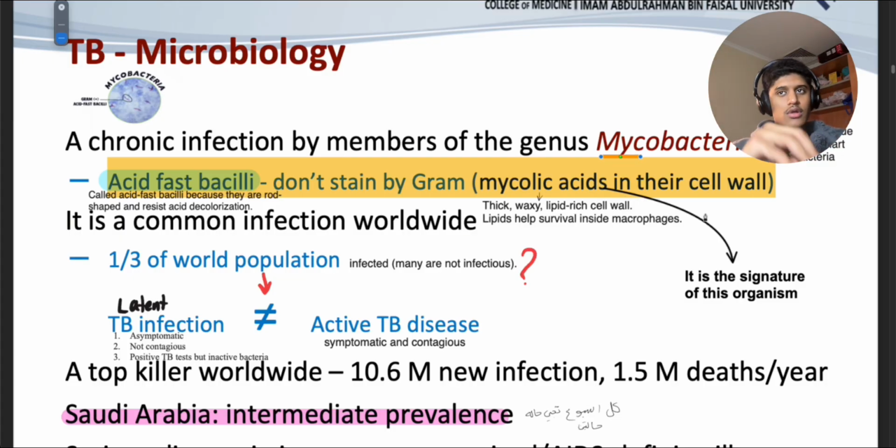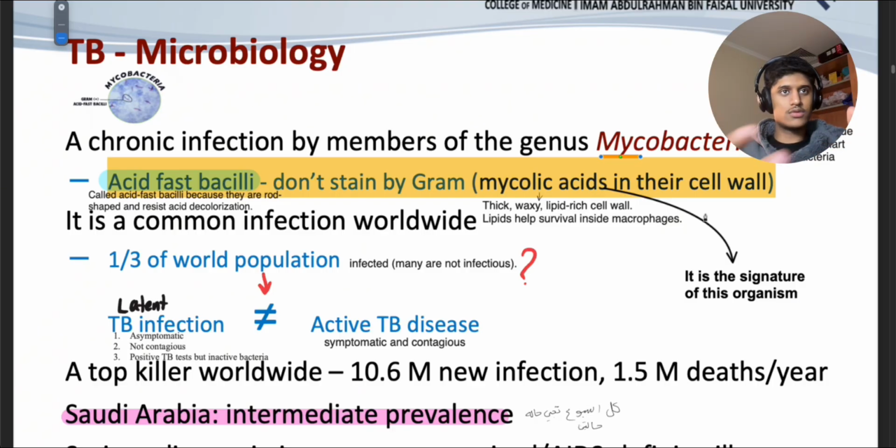So the mycolic acids in their cell wall make it a really thick, waxy, lipid-rich cell wall, and this lipid helps in survival inside of macrophages. It is the signature of this organism, and it does not stain by Gram.